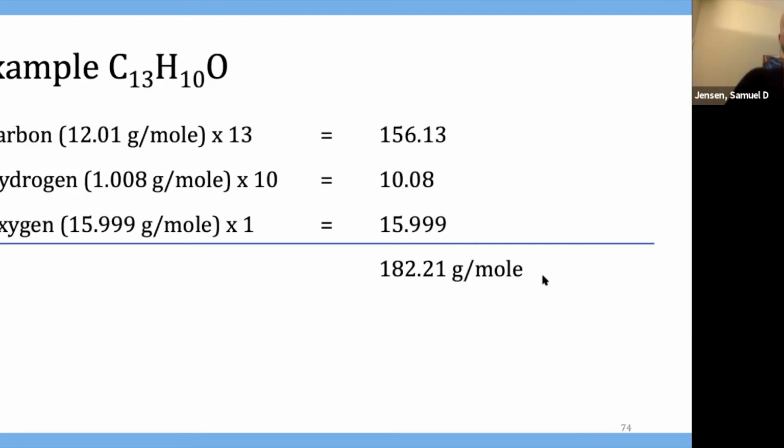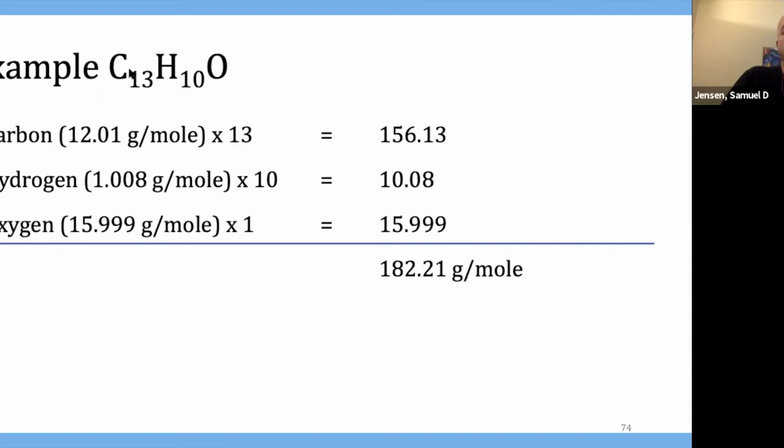Here's a little more complex molecule. Obviously, these get more complex as we look at a variety of these kinds of problems. The carbon, again, the 12.01 grams per mole for the carbon is multiplied by 13 because of the subscript. In this kind of case, you would have to know what the formula is. For organic molecules, we're not really going to get to organic molecules, but you'll have the formula in this case.